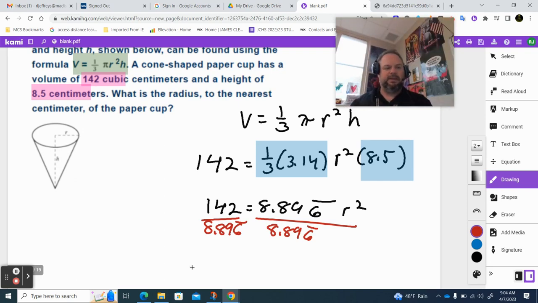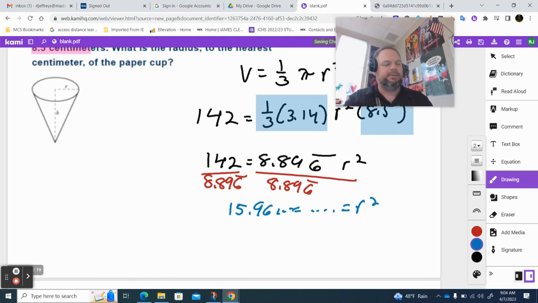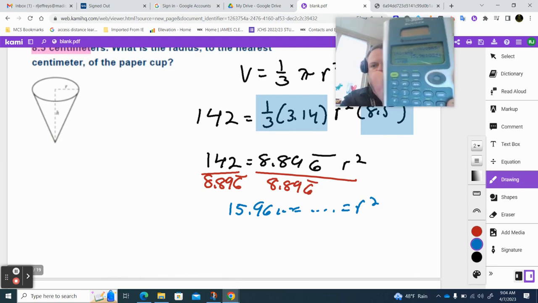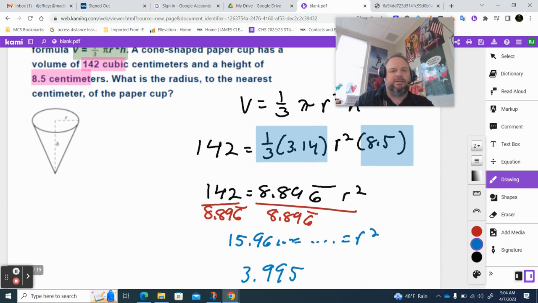Again, we get another crazy, really long decimal, 6, blah, blah, blah, equals r squared. So, again, not rounding. I want to take the square root. Again, copy and paste. You can hit second answer. See, just boom. And then you're going to get 3.995. So it says round to the nearest centimeter.